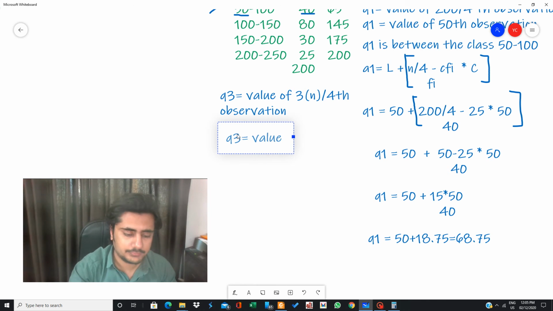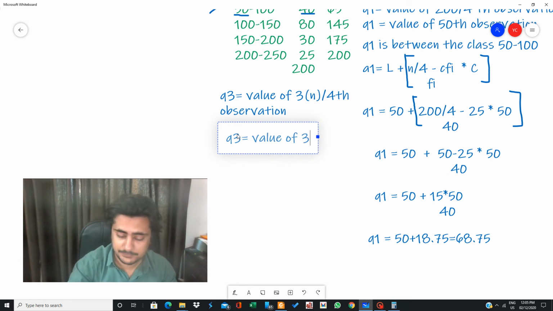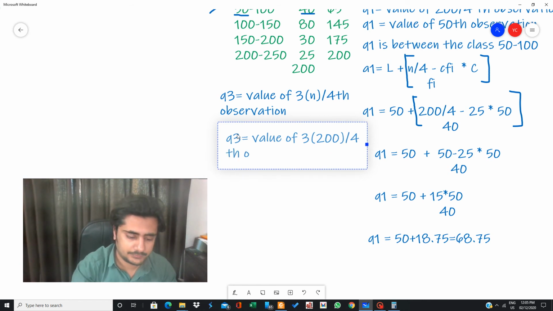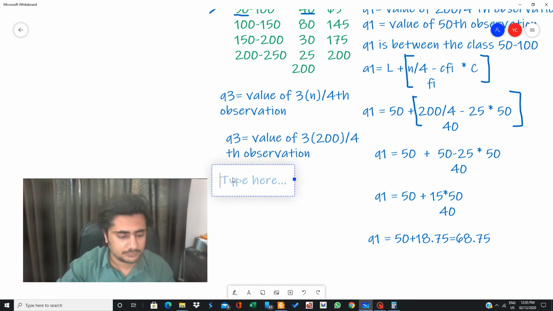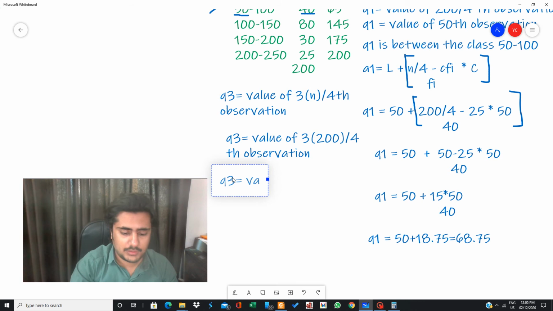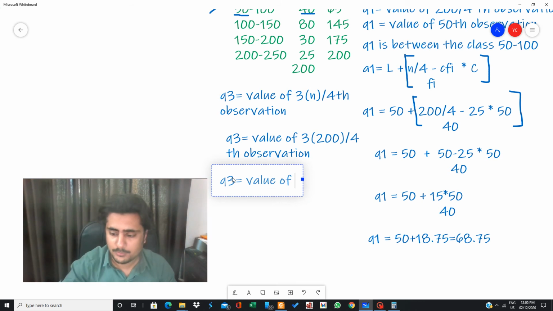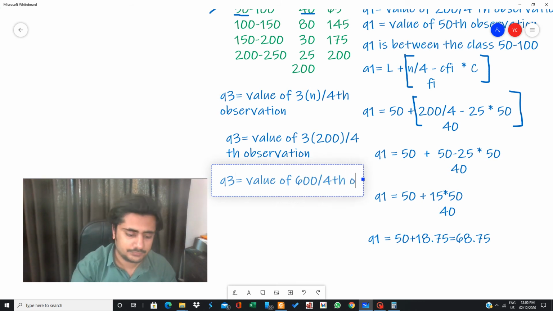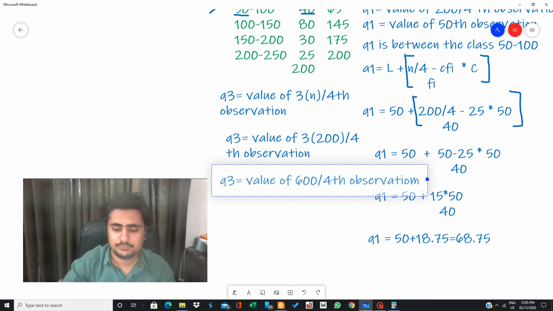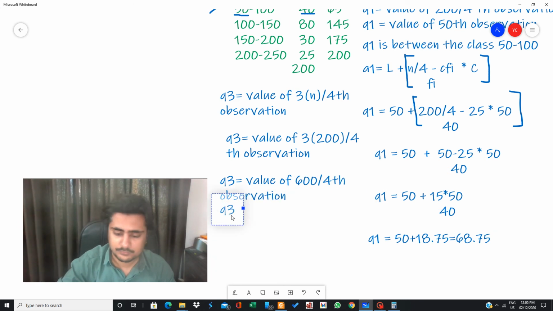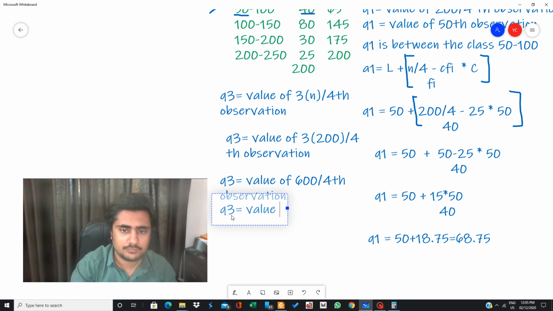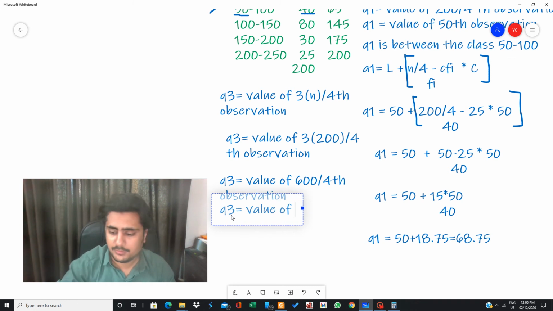Q3 is value of 3 into 200 upon 4, that is value of 600 upon 4. It's the value of the 150th observation.